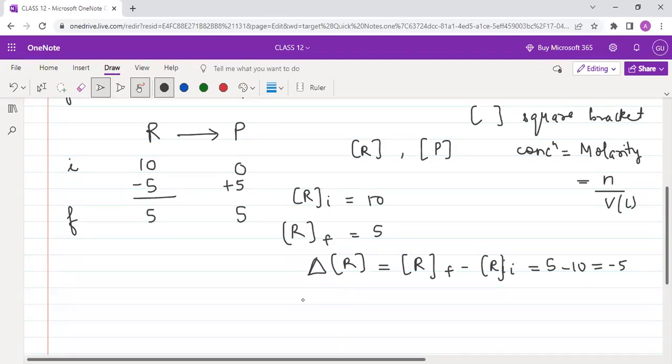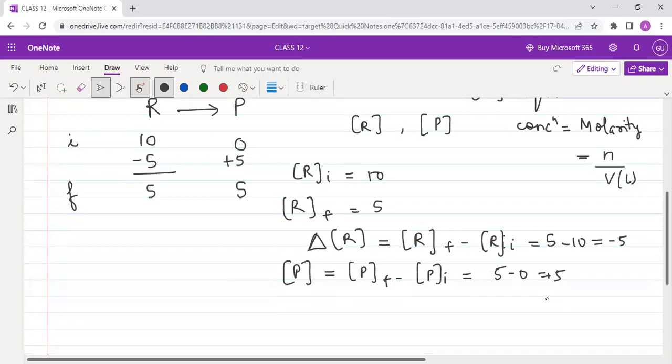And the change in concentration of product will be final concentration of product minus initial concentration of product, so 5 minus 0, that is 5. When no sign is shown, that means a positive sign is there. So this indicates that the concentration of product is increasing with respect to time.